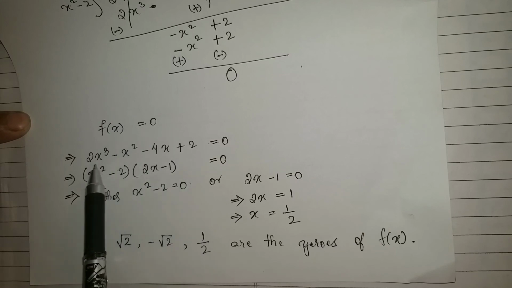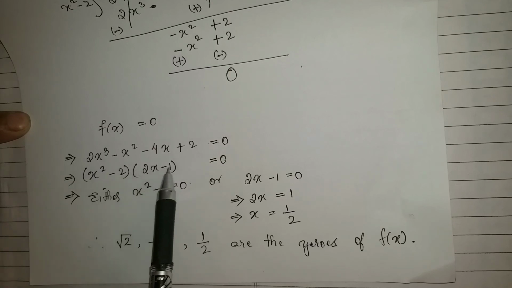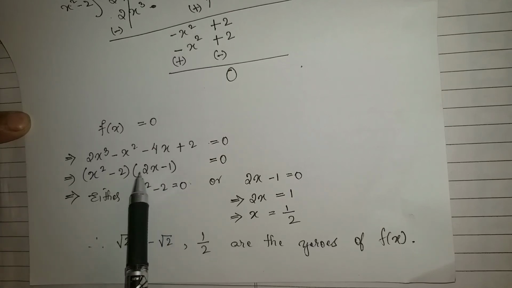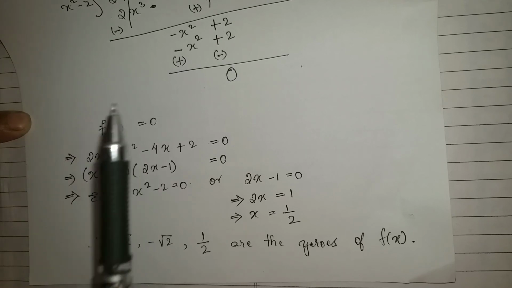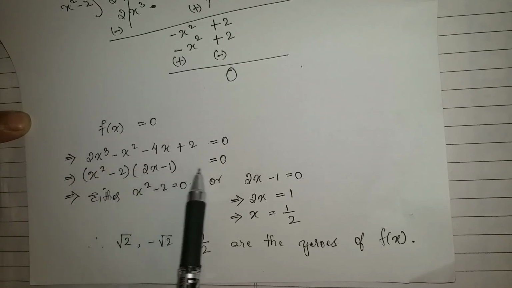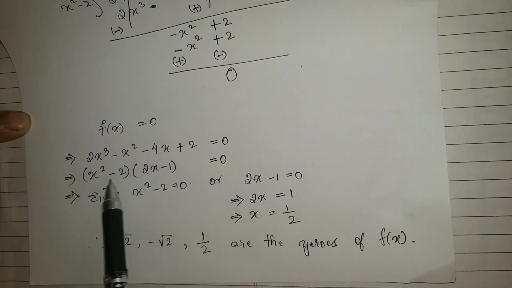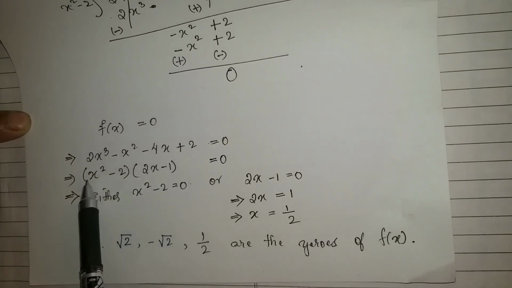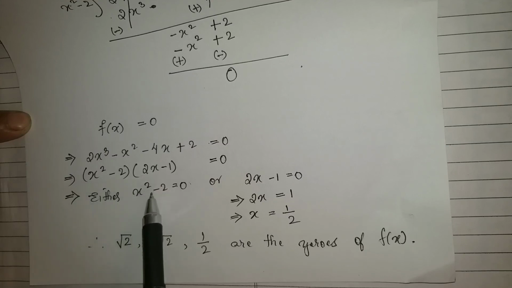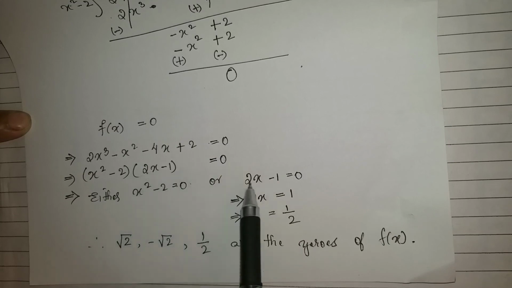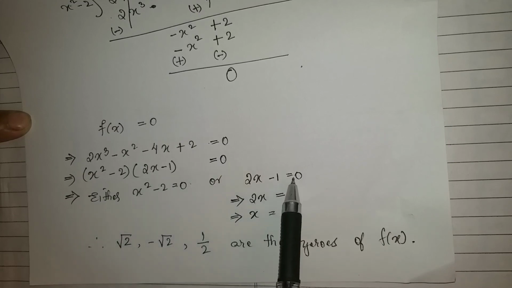Then this is a factor we get from the two given zeros, and the quotient we get after division is 2x minus 1. Since this is a product of two terms, either x square minus 2 should equal 0, or 2x minus 1 equal to 0.